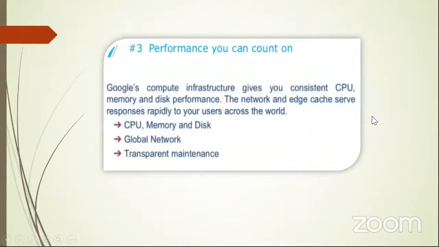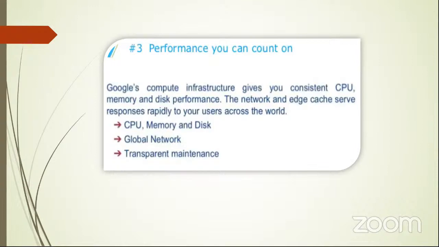The third point is the performance you can count on, right? So as I already spoke about, it uses the Google infrastructure, and we have already come across all the services that Google has provided us, which is YouTube, Google search. If you see, there are no latencies.